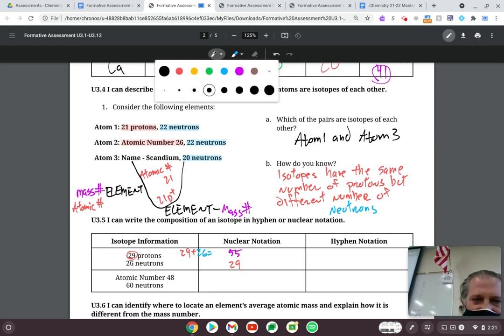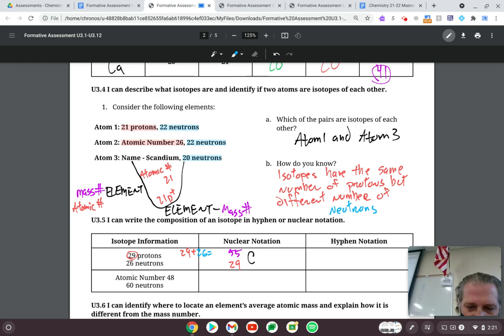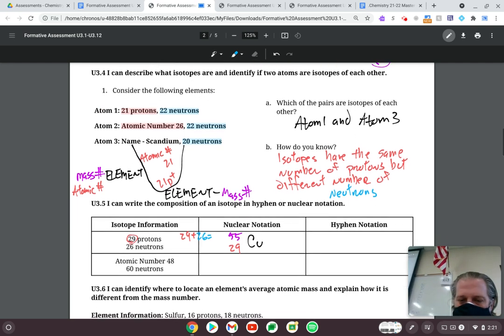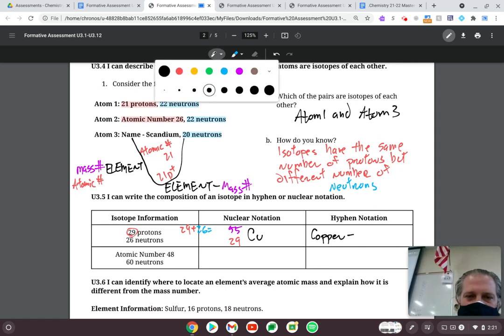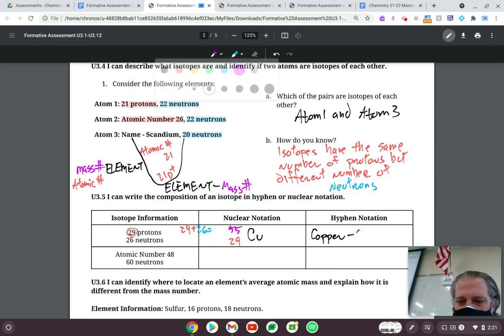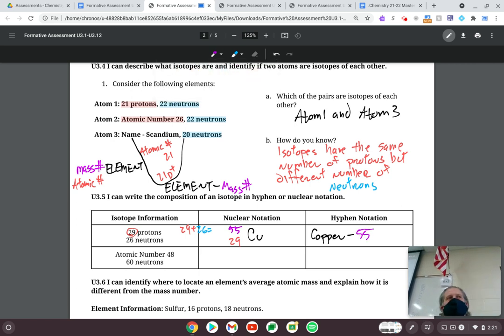And then I'm going to go ahead and identify which element it is using my good periodic table friend Jezebel here. And the atomic number for 29 is copper, apparently. So we're going to throw a Cu right there. We're also going to write the hyphen notation right away. So we're going to take copper, and then we're going to use the mass number, which is 55.